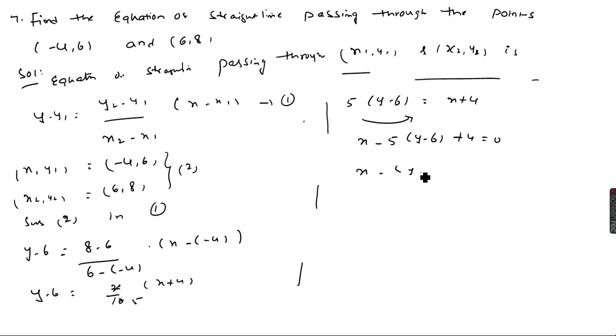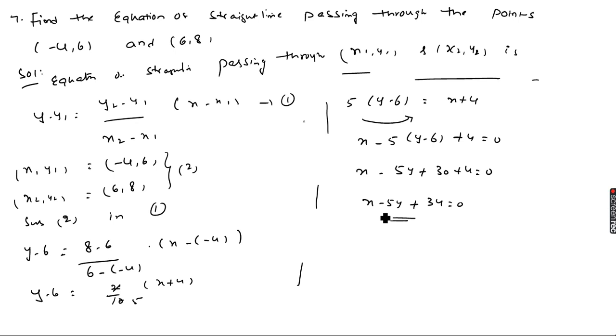So x minus 5y plus 30 plus 4 equals 0, that is x minus 5y plus 34 equals 0. This is the equation of the straight line. So the required straight line is x minus 5y plus 34 equal to 0.